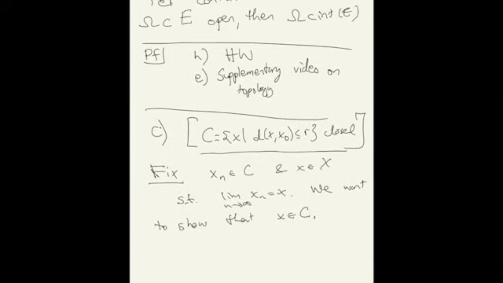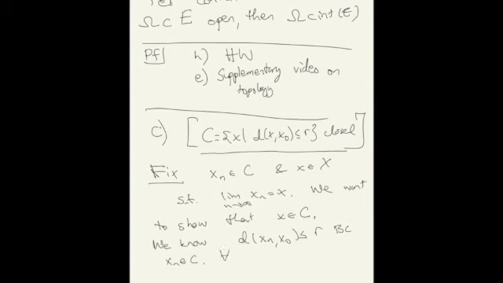What we have to show is that the distance to x naught is at most r. We know that the distance of x_n to x naught is at most r because x_n are in C, and this is the definition of points that are in C. We want to pass to the limit, replacing the x_n with x.